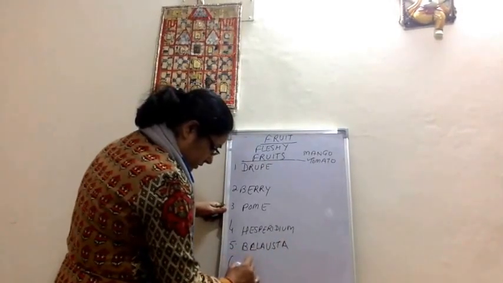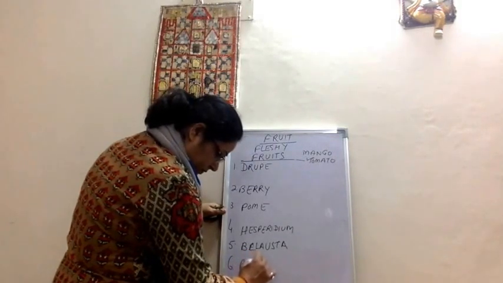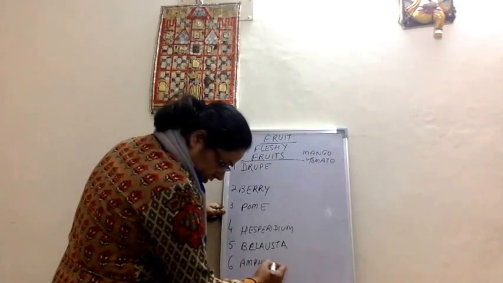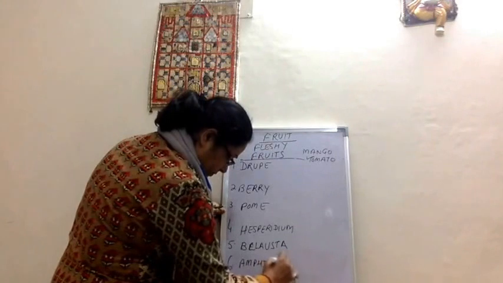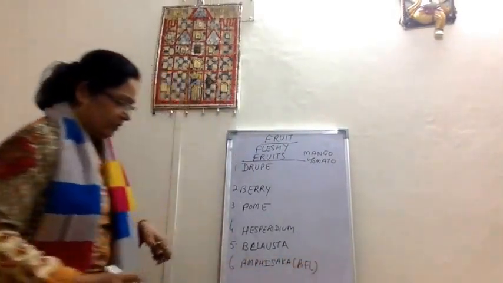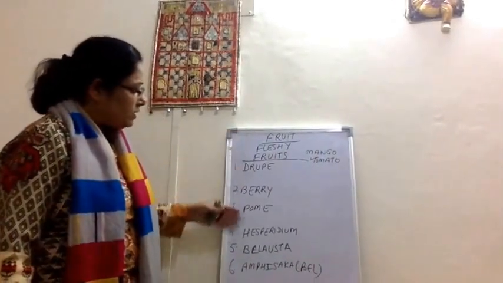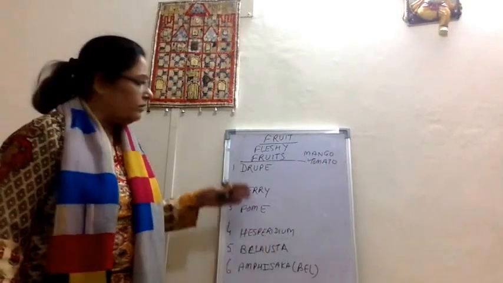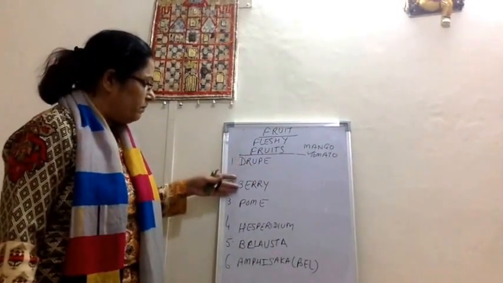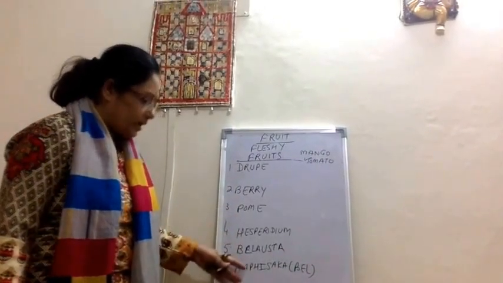And number six, amphisarca, that is bael. So these are the fleshy fruits in which all the three layers are differentiated, like in drupe, berry, pome, hesperidium, balausta, and amphisarca.